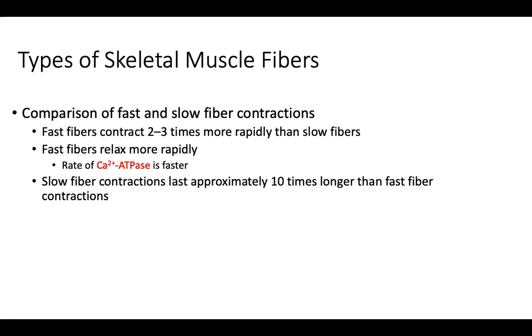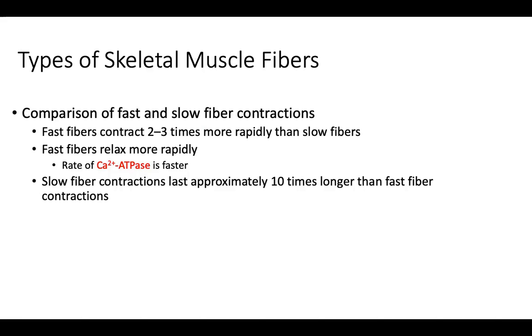Going on further here to compare the fast and slow fibers. Fast fibers can contract 2 to 3 times more rapidly than slow fibers. That is to say that a slow fiber contraction would last probably 10 times that of a fast fiber contraction. So if I were to think about the shortening of a slow fiber, it just takes so long, right?